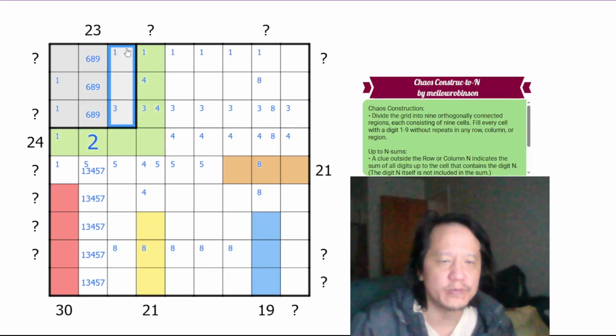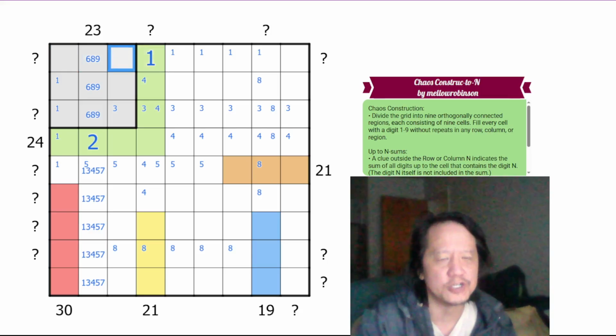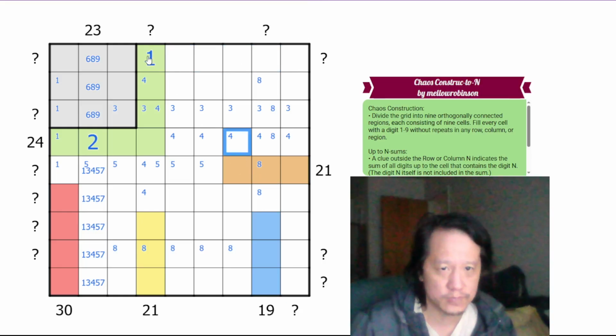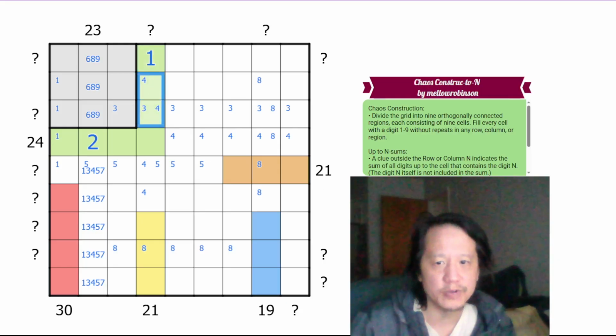That means the remaining digits, so this cannot be 1. This has to be a 1 here. Because it forms a region, and then the N is a different region. So that means 1 cannot be here. These can't be 4. Because 4 has to be one of these two.